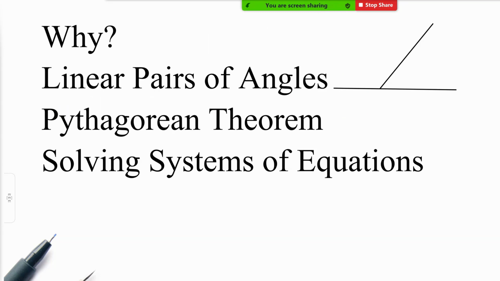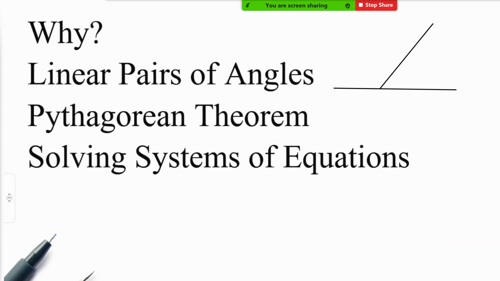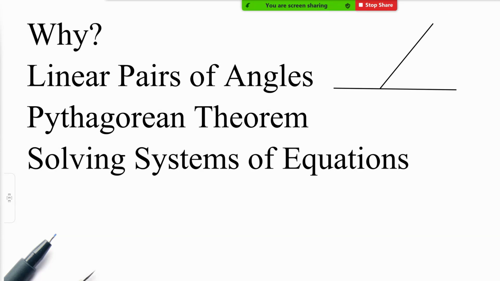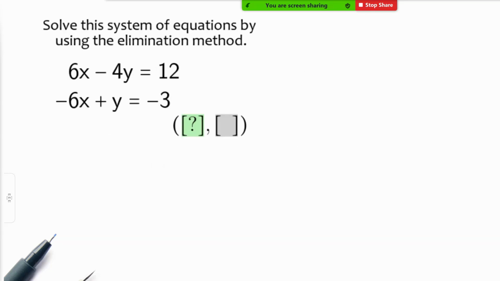These are problems inside geometry that are setting you up for high school, okay? That's a problem that you might see if you were on linear pairs of angles. If you were doing the Pythagorean theorem, you're doing a squared plus b squared equals c squared, and you're solving that equation based on the Pythagorean theorem. What I'm setting you up for today is solving systems of equations. Now, some of you aren't here yet, but it comes right after the slope chapter. I want you to notice that we're dealing with x's and y's.